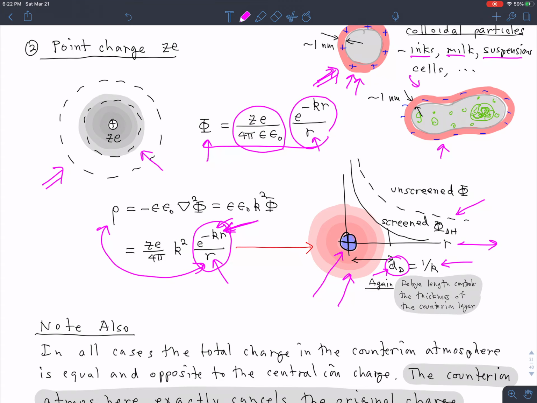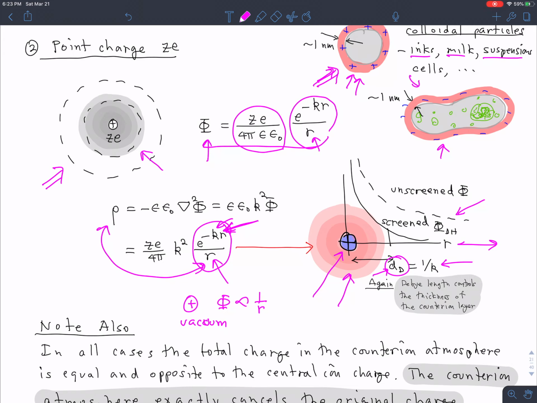Let me say something more. If you had this same ion, but it was in vacuum, then the potential would have some constants, but it would be proportional to just 1 over r.